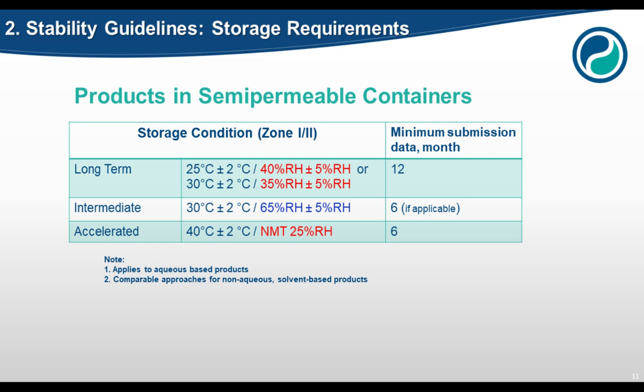So at long term, it's 40 degrees, 40% RH, and alternative storage condition at 30 degrees and 35% relative humidity. And for the accelerated condition, the humidity requirement is no more than 25%. So here I do have a question to everyone. Please pay attention to the humidity requirement for intermediate storage condition. So is that requirement right?